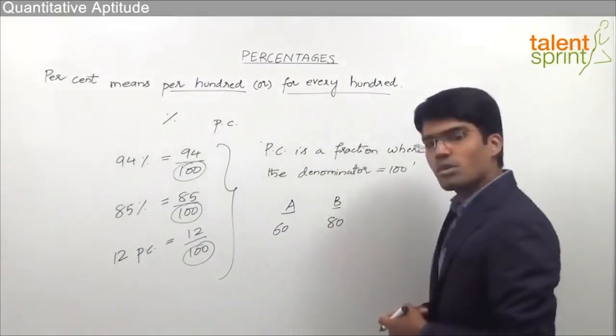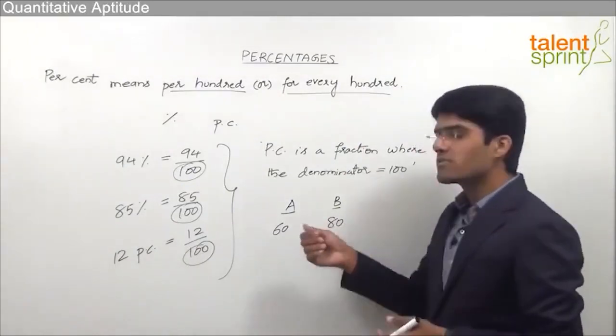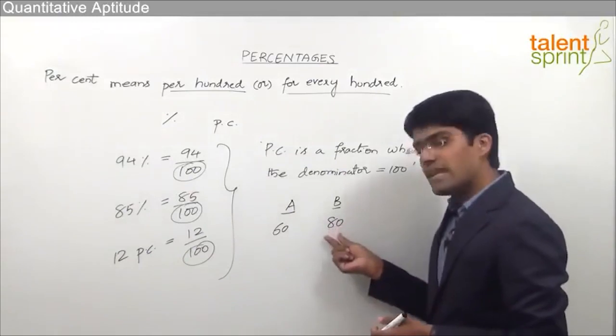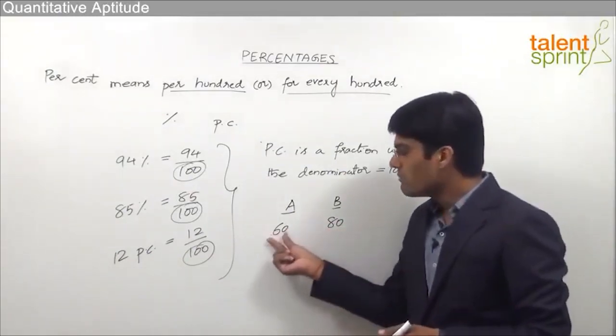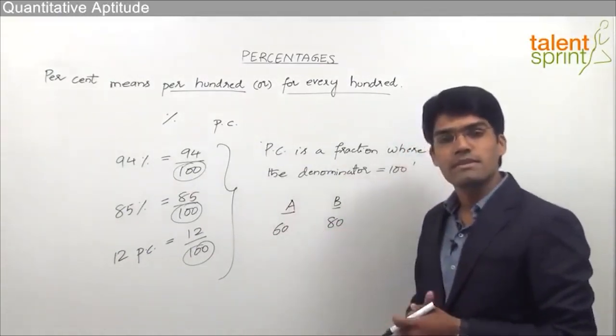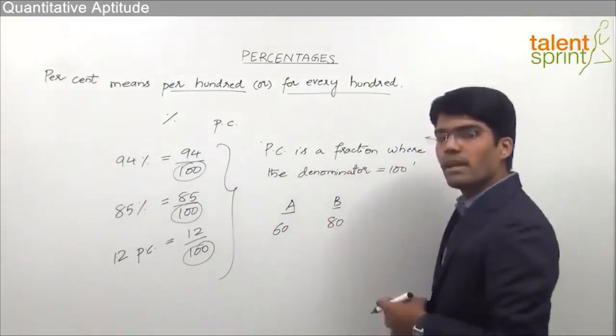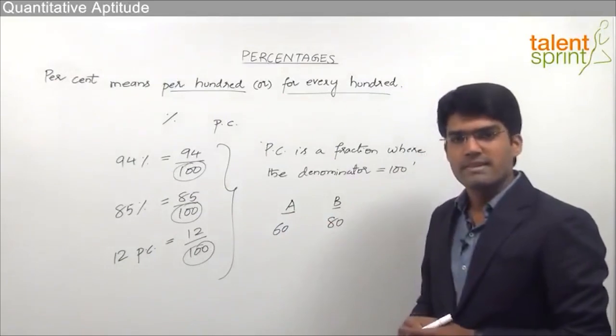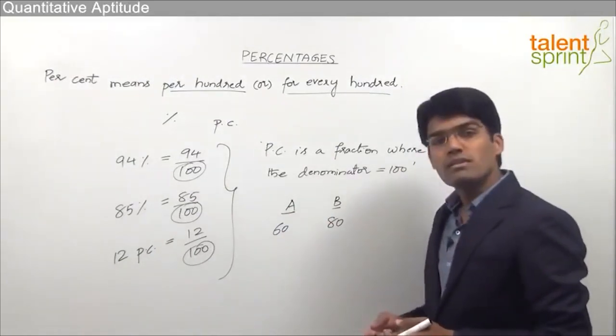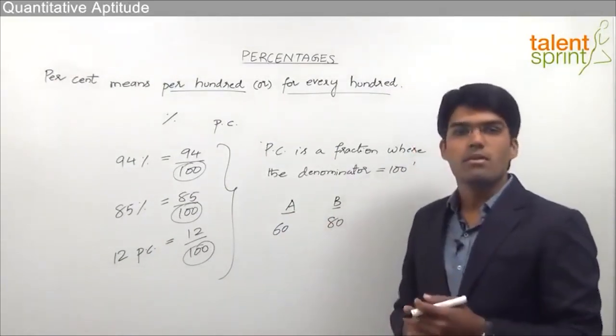When we look at the marks, the obvious conclusion is B is a better student than A. Why? Because he has scored 80 marks, which is more than the marks scored by A, that is equal to 60. But friends, remember that comparison can never be done with the actual marks. For example, here our conclusion that B is a better student may be wrong.